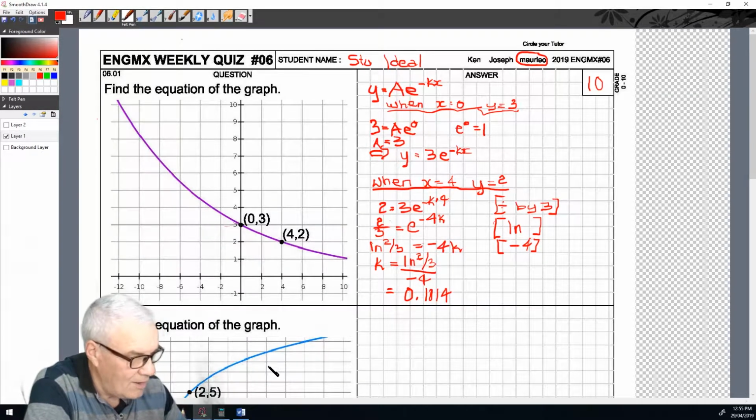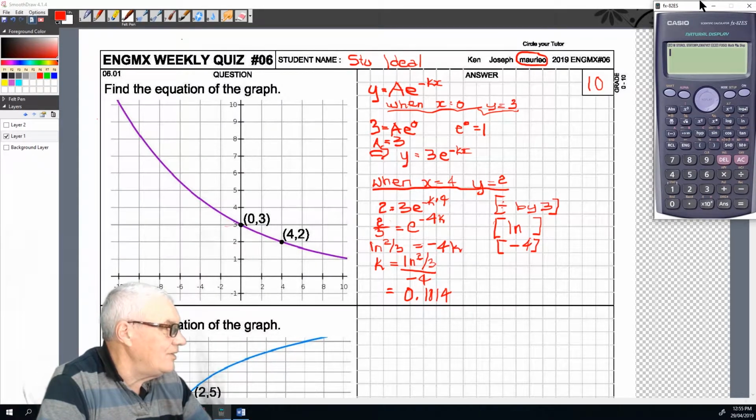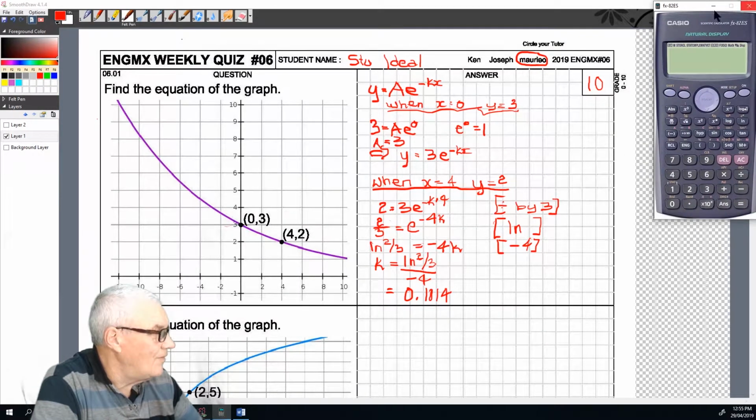0.1014. Now we'll just get our calculator up here, and let's see, where's it gone? There it is.